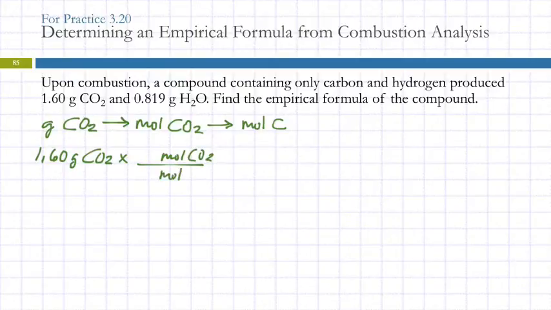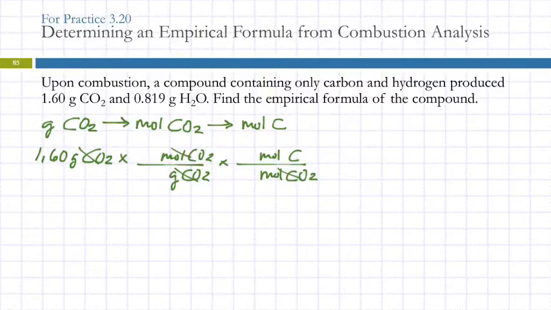So we're dividing by grams of carbon dioxide. And then we're going to go to moles of carbon and divide by moles of carbon dioxide. How many moles of carbon are in 1 mole of carbon dioxide? 1.